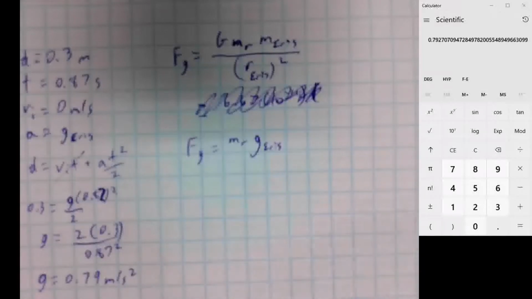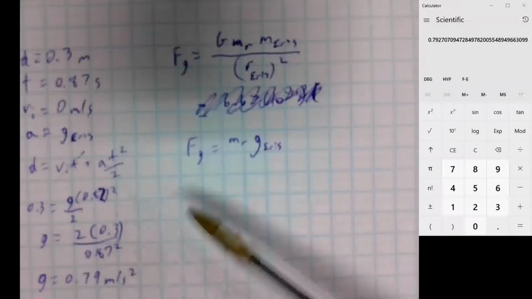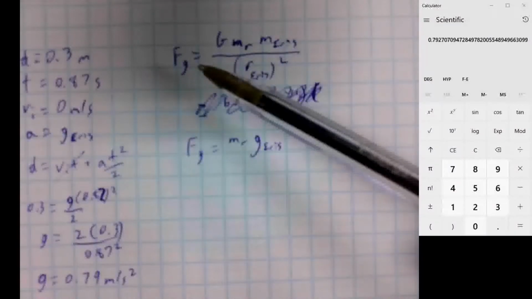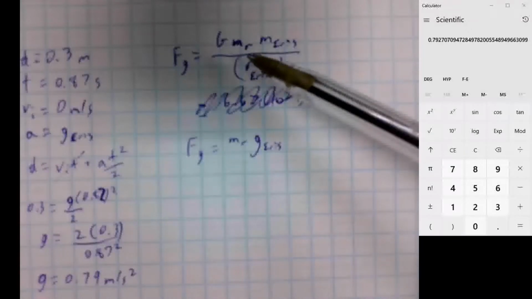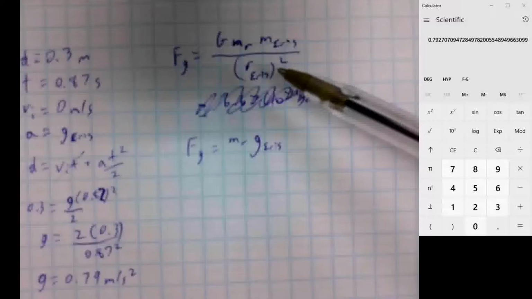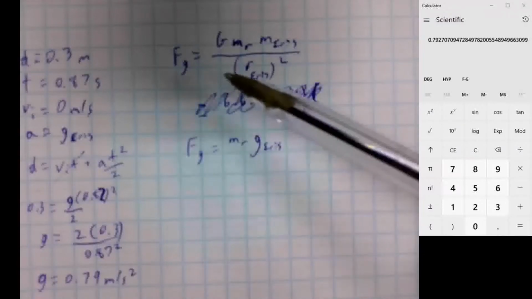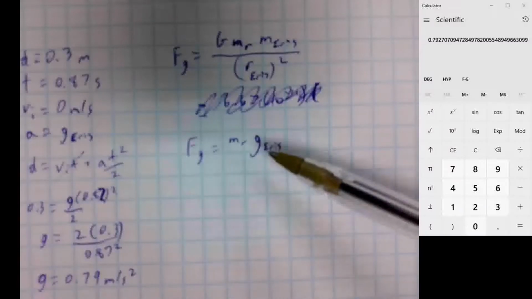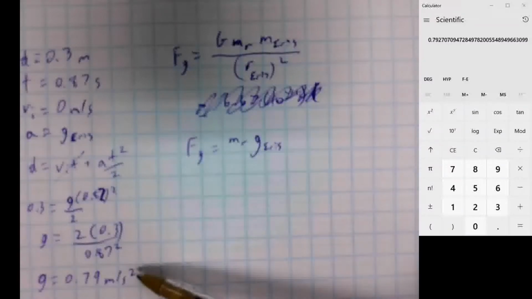So now that I've calculated my G for Eros, I have two FG equations. I have my force of gravity, which is G times the mass of the rock times the mass of Eros over the radius of Eros squared. That Fg is going to be equal to this Fg, which is the mass of the rock times the G that we've calculated here.